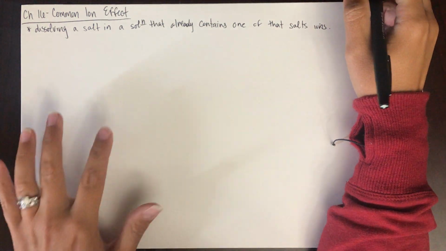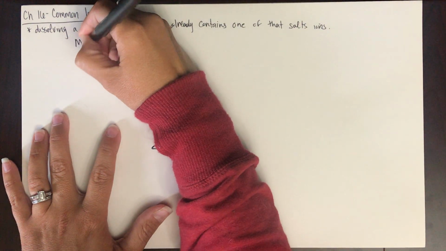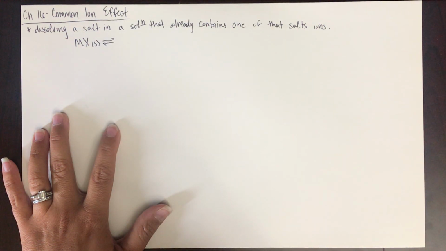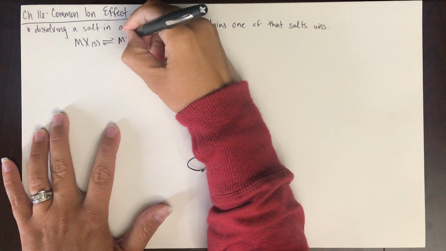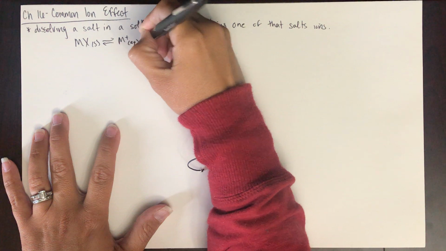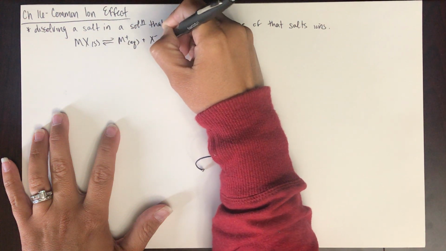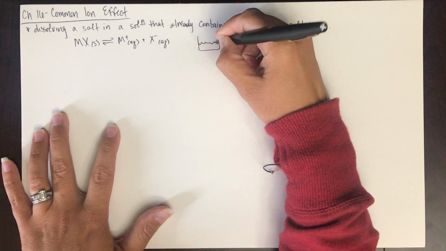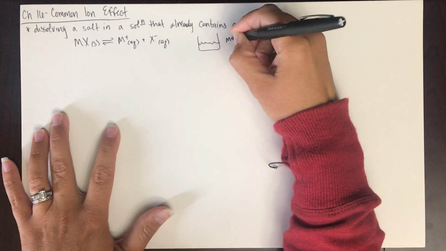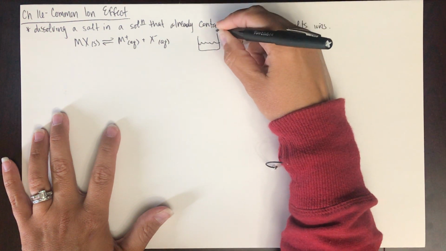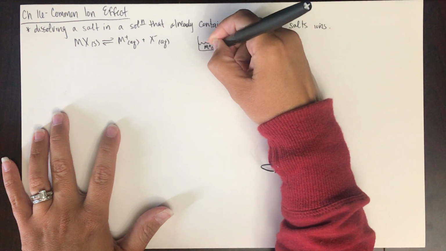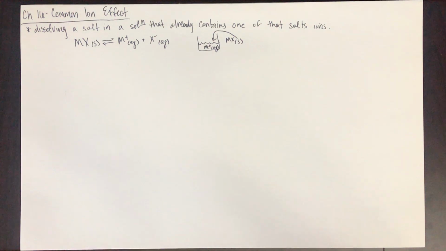Okay, so let's look at what this really means. So here's again my generic example of a salt in equilibrium with its ions. And it would be like, instead of dissolving that salt into water, we're going to dissolve this solid salt into a solution that already contains one of the ions, one of the products.